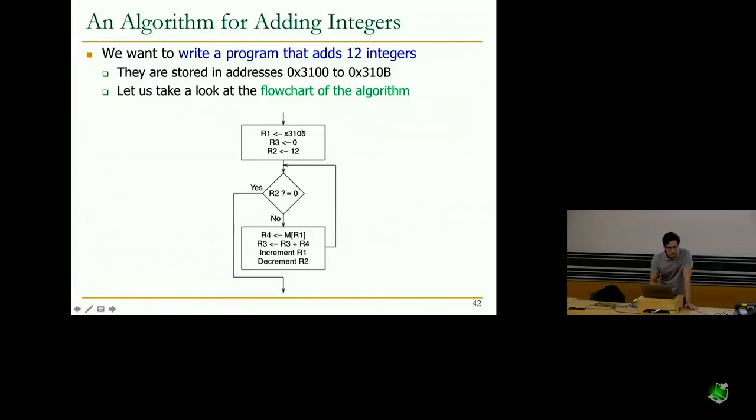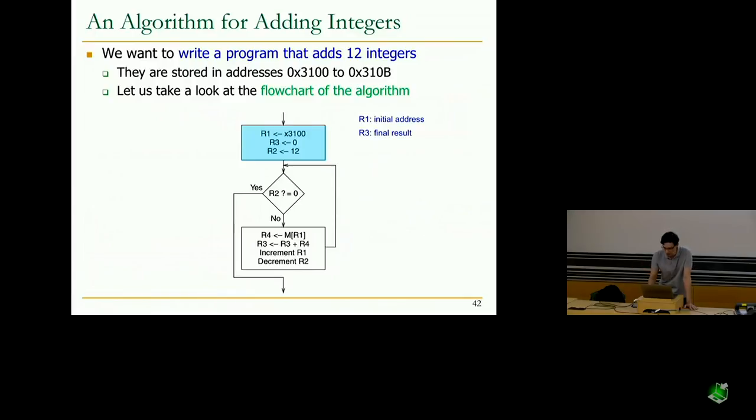For sure you understand this very, very quickly, right? Because what we do in this first step is initializing. We load the initial address where the first of the integers is stored into R1. We are going to use this for addressing. In R0, we initialize R0 equal to 0 because this is where we're going to store the final result.